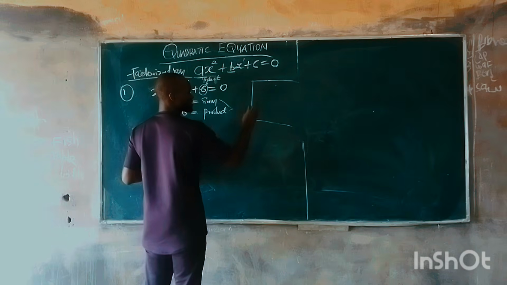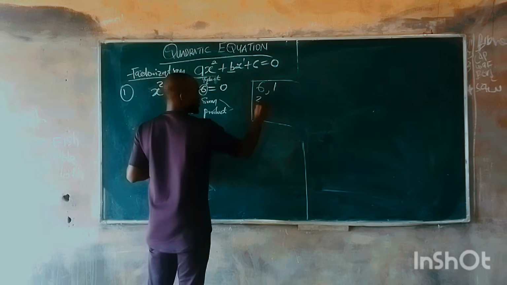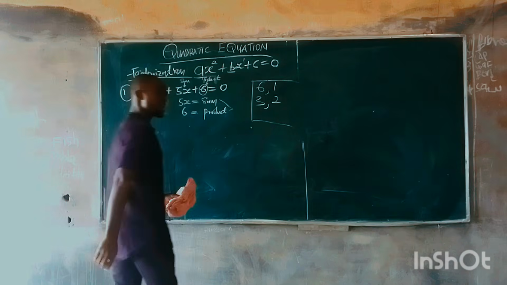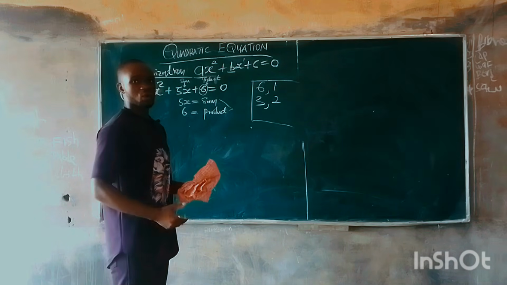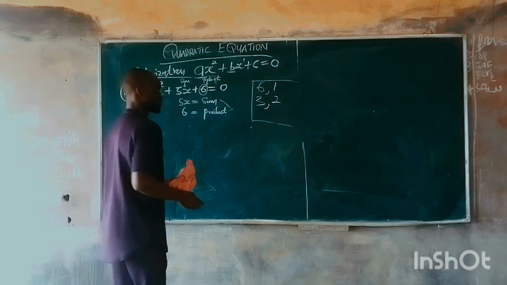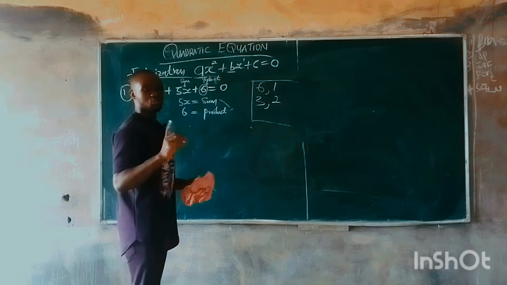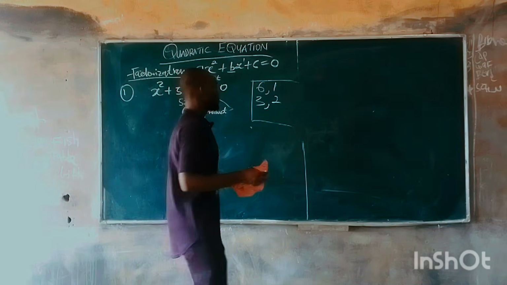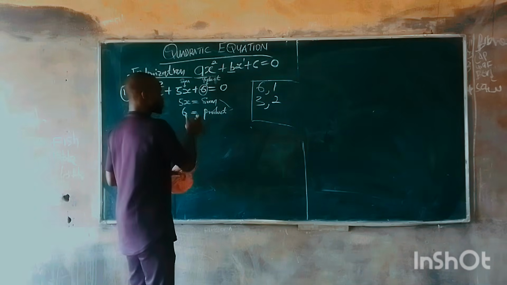The possible factors of 6 are first of all 6 and 1, and then we also have 3 and 2. That is, 6 times 1 will give us 6, and 3 times 2 is also going to give us 6. And then we are going to look for a combination of these factors that can give us the sum.